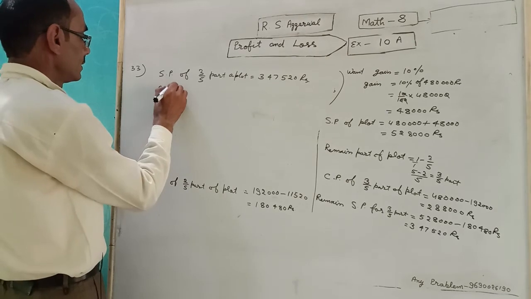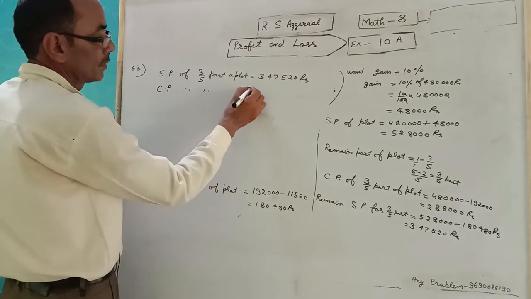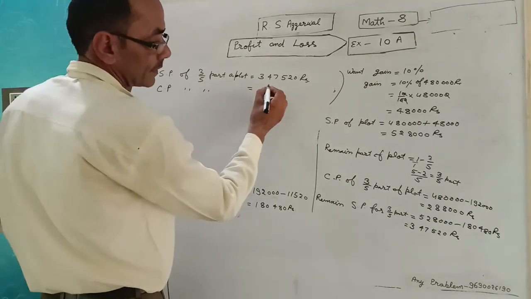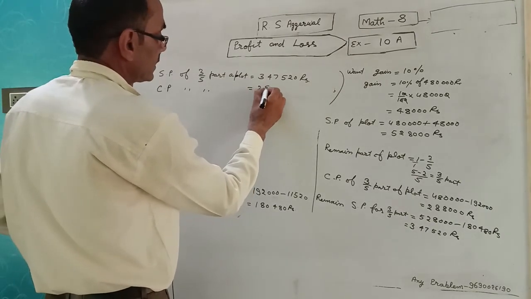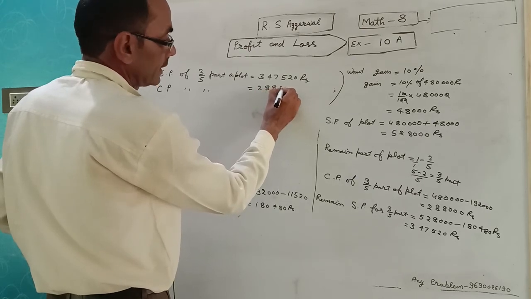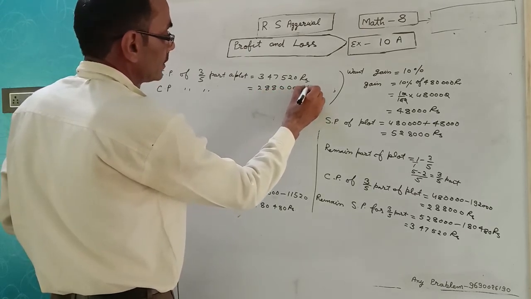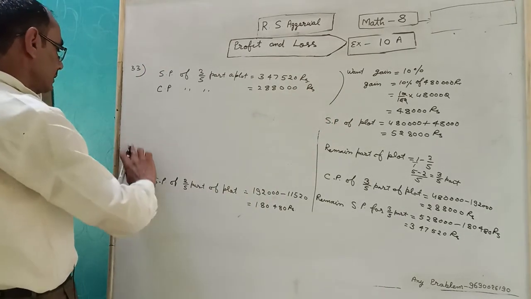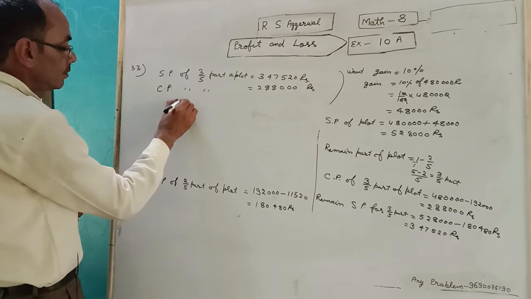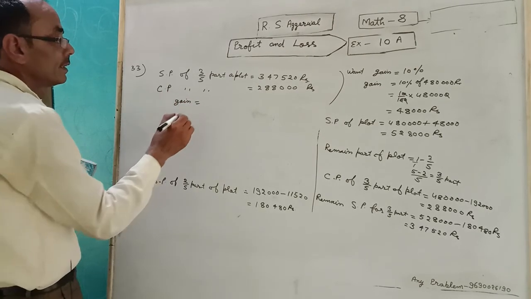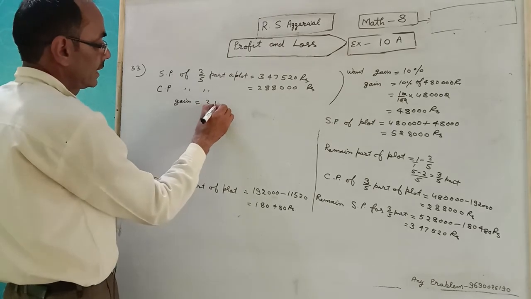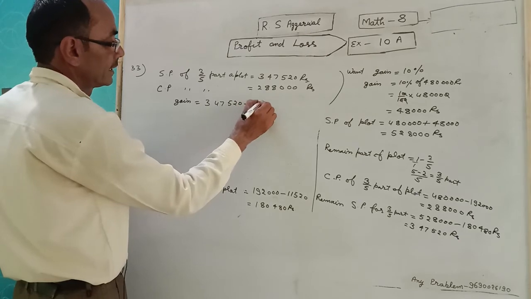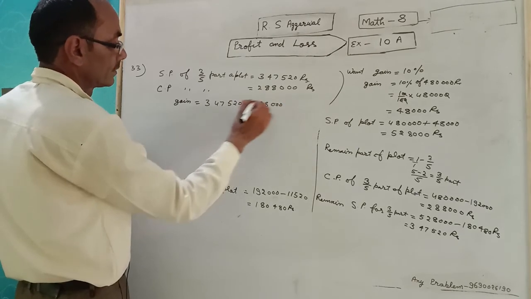The CP of the 3 upon 5 part is 2,88,000 rupees. Gain is equal to 3,47,520 minus 2,88,000.